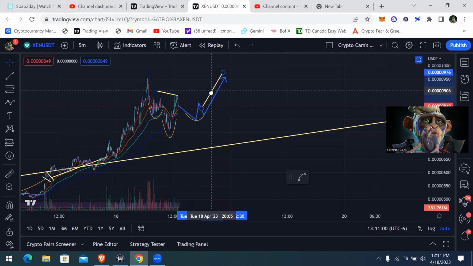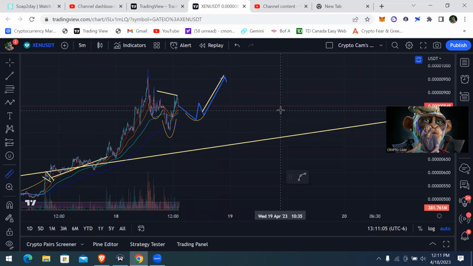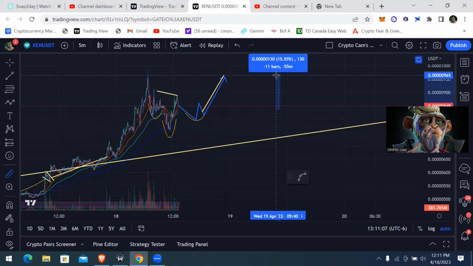All right. So on the 5-minute time frame, in the short term, I would basically say you're safe with about another 15% coming, which also makes sense because it's going to come back and test this high. So expect another 15-20% coming out of Xen on the shorter time frame once this inverted head and shoulders plays out.